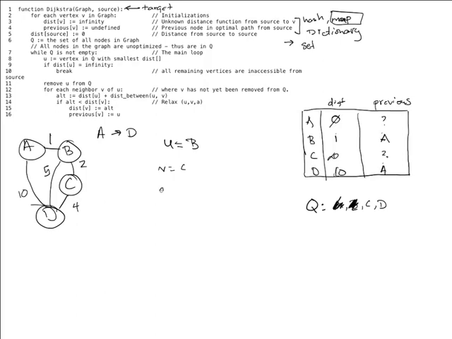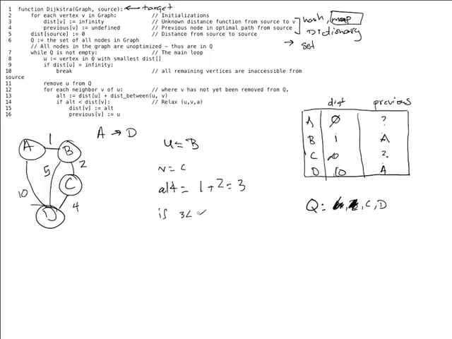Okay, our alt is going to equal our distance of U. So U is B this time. So we're going to have 1 plus this edge weight, which is 2. All right, so our alt is 3. Now we ask the question, is 3 less than our distance to V? So V is C, V is infinity.